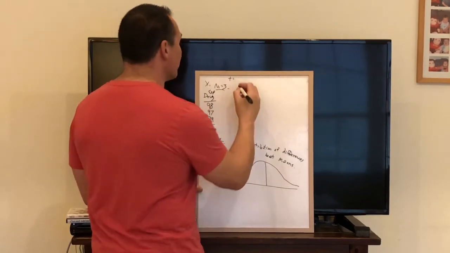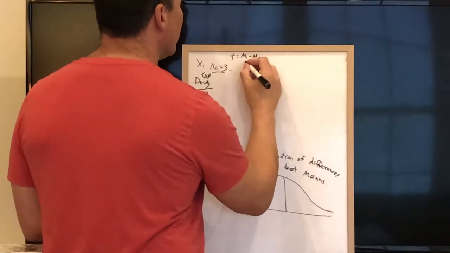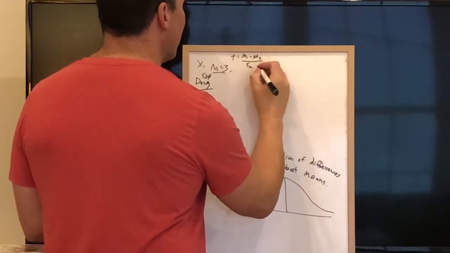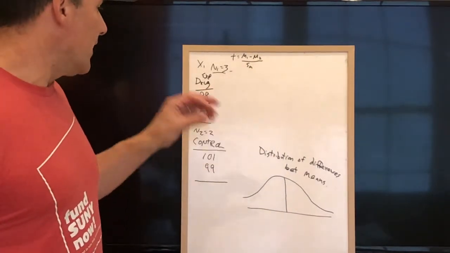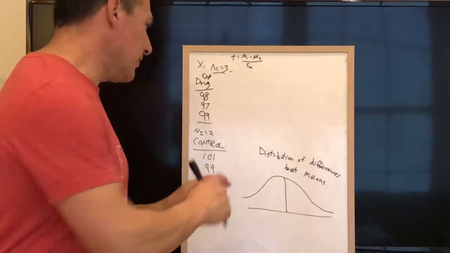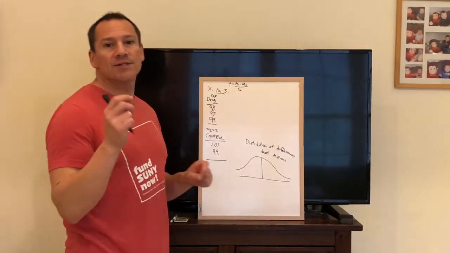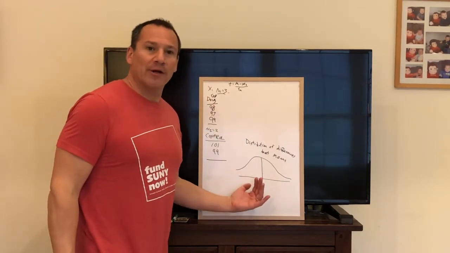The t equation is m1 minus m2 divided by s sub m. S sub m is the standard deviation of the distribution of differences between means. S sub m is our standard deviation for our comparison distribution.